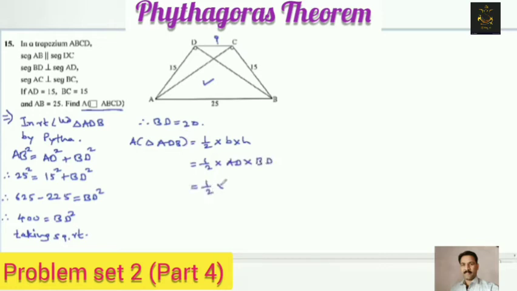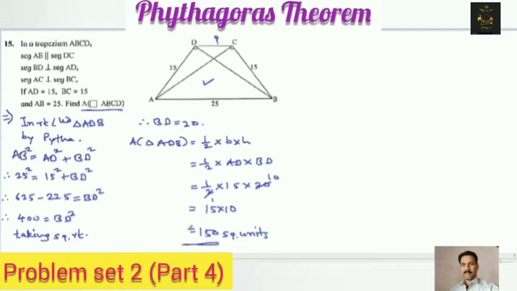So half into AD, which is 15, and BD, which we just found, 20. So 2 ones are 2 tens are, means 15 into 10, which is 150 square units. This is the area of triangle ADB.